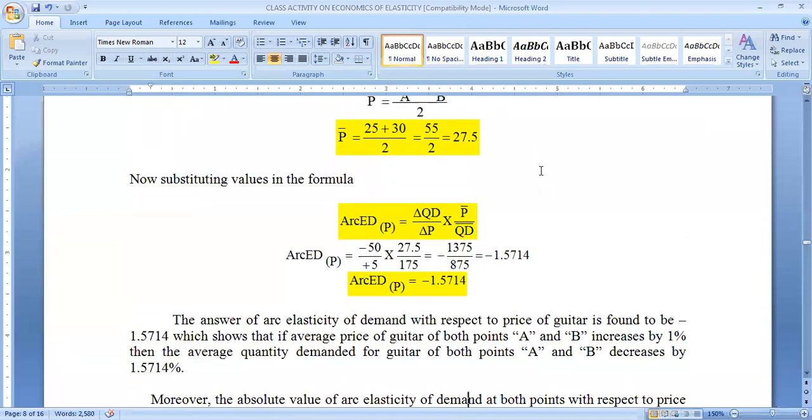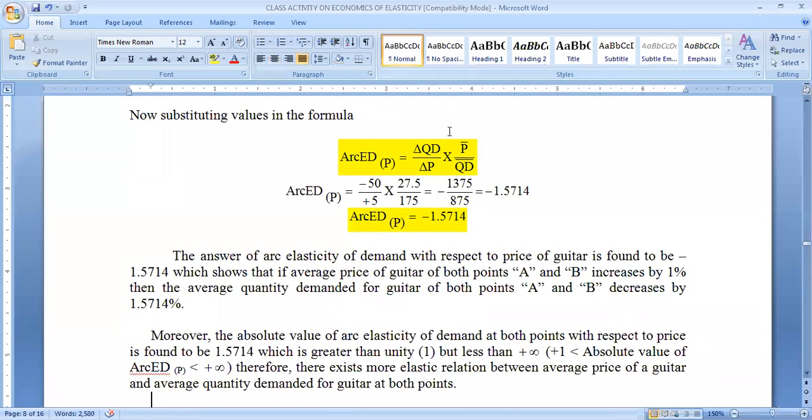After substituting the values, we obtain minus 50 in place of delta QD, plus 5 in place of delta P, multiplied by 27.5 in place of P bar and 175 in place of QD bar. So minus 50 multiplied by 27.5, we obtain 1375 and it is negative. Then 5 into 175 gives 875.